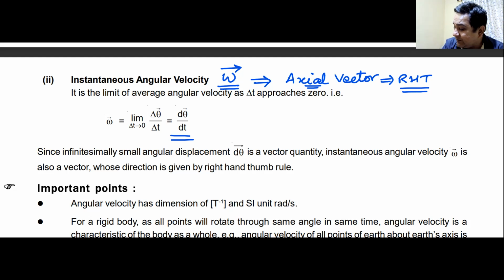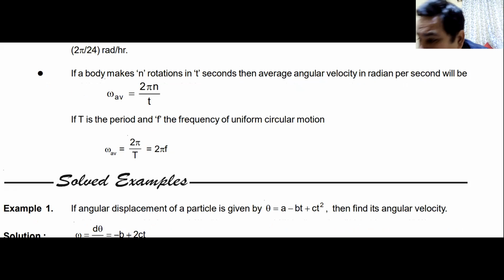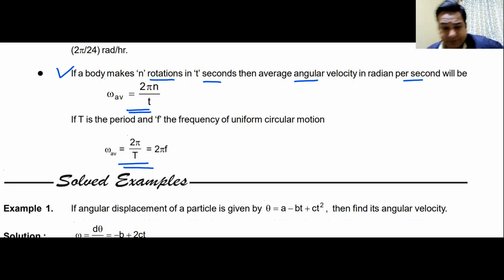We had done this. Then we had done something very interesting, that if a body makes n revolutions in t seconds, the average angular velocity is given by this and the time period is given by this. Now, I did not elaborate much on this. I am going to do that now.